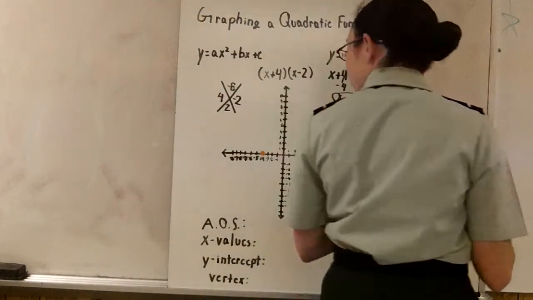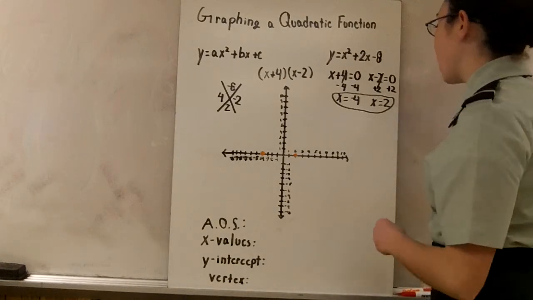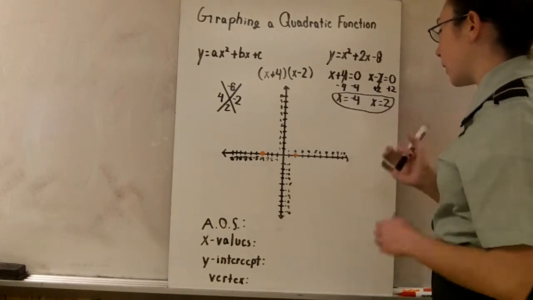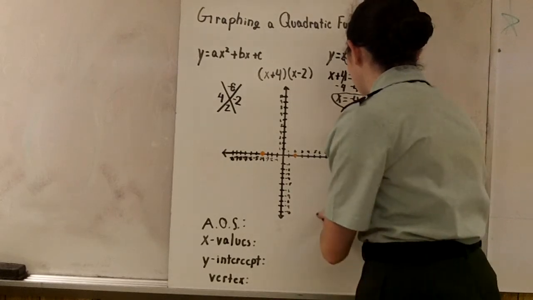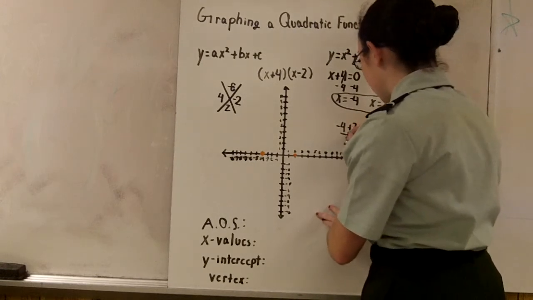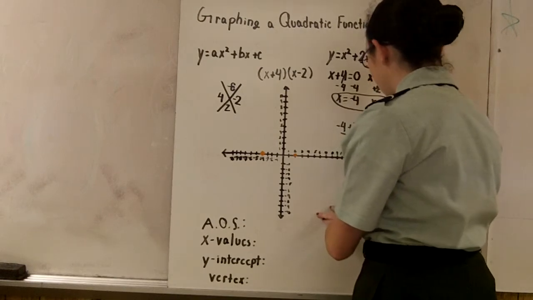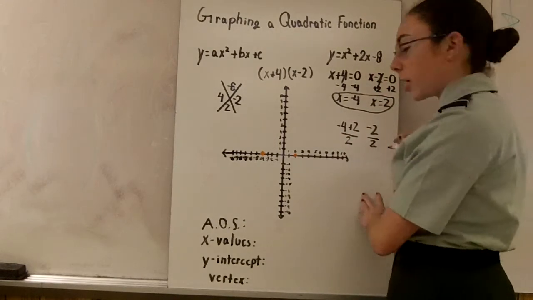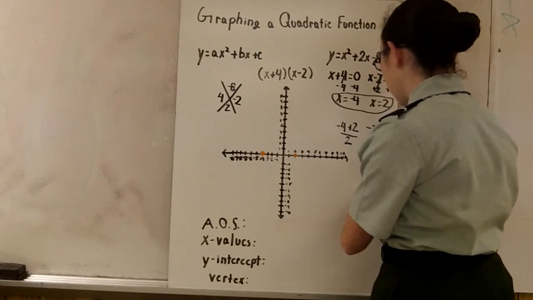Alright, so now what we want to do is find the axis of symmetry. So to do that, we have to add both of our x values and divide it by 2. So it's negative 2 divided by 2, which is negative 1.